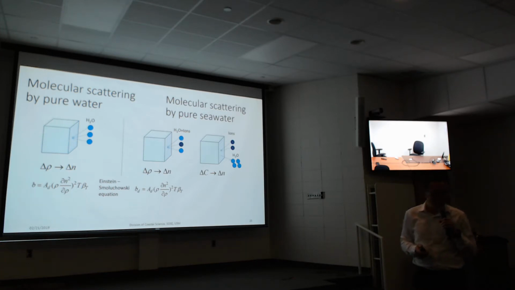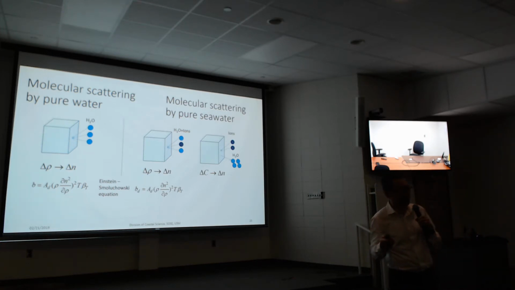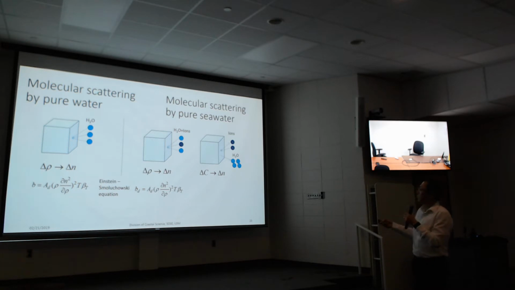In addition to this, there is another change. Density may not change, but salinity does. Imagine the same volume. At one instant, 2 ions move in, and at the same time, 4 water molecules move out. Let's assume those 2 ions have equal mass to the 4 water molecules.